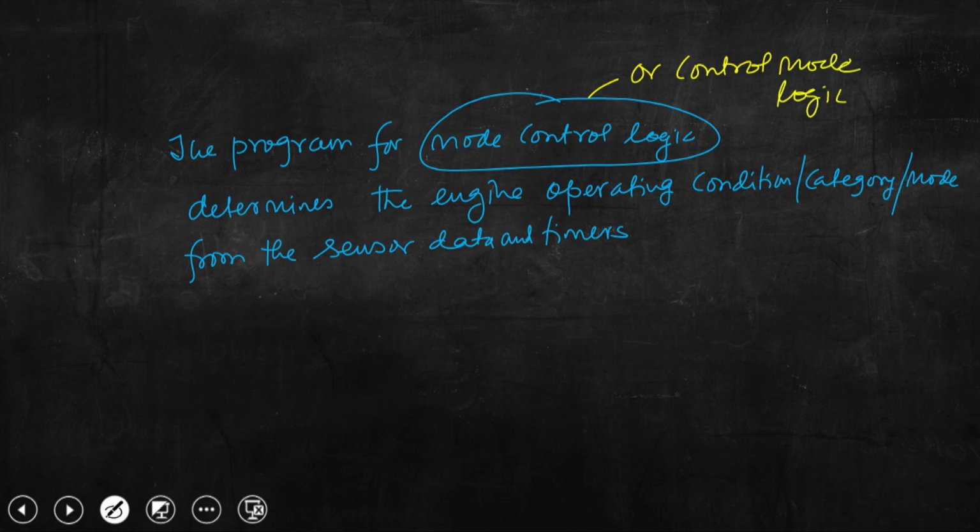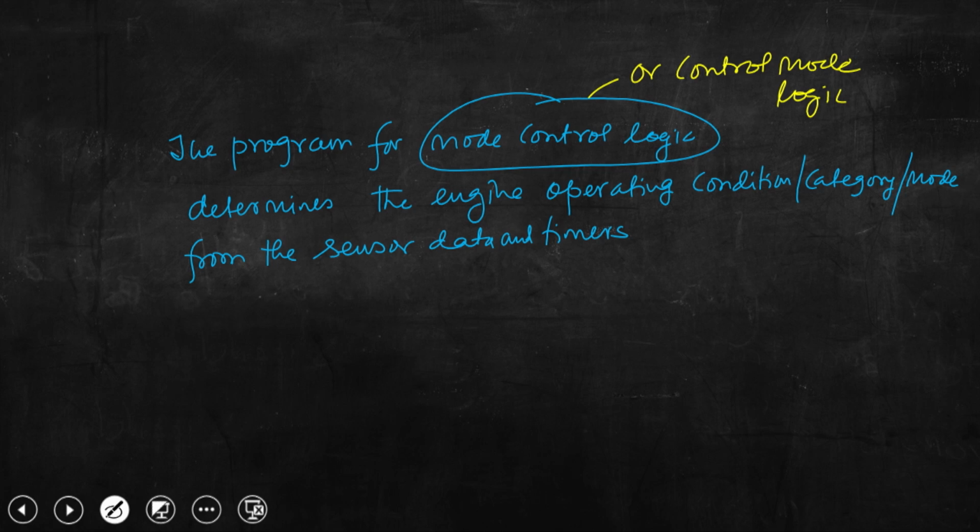So, this control mode logic will determine, the program will first determine for the logic to be shifted from one mode to another mode. So, this mode control logic passes the control system from one mode to another mode, determining or estimating the engine operating condition at any particular instant of time using sensor data.